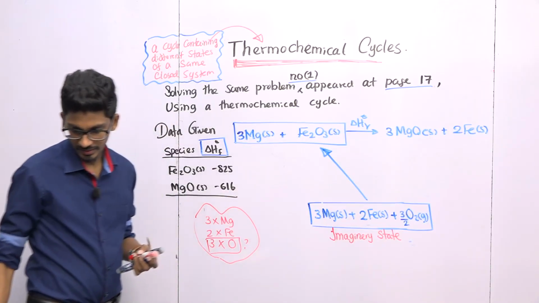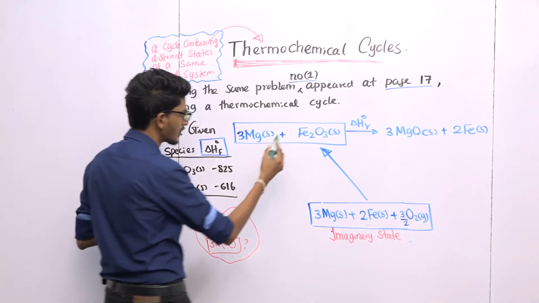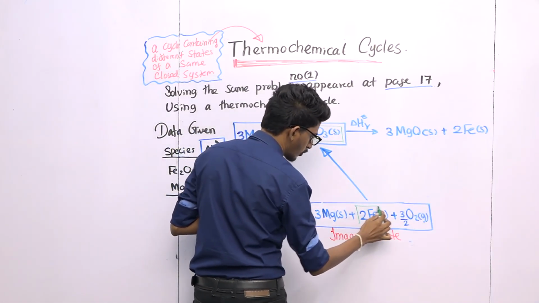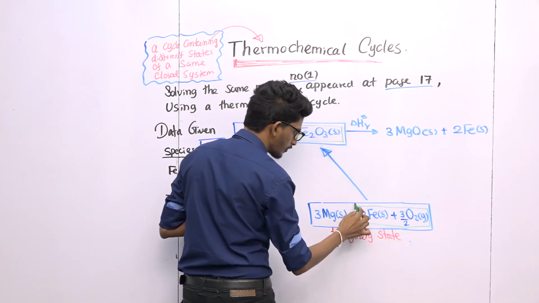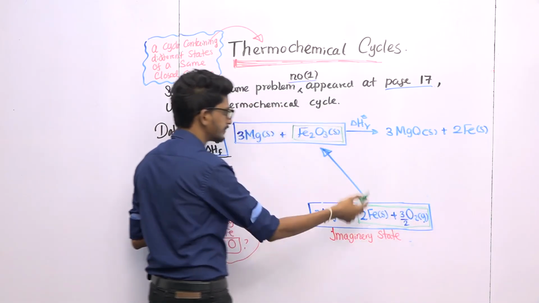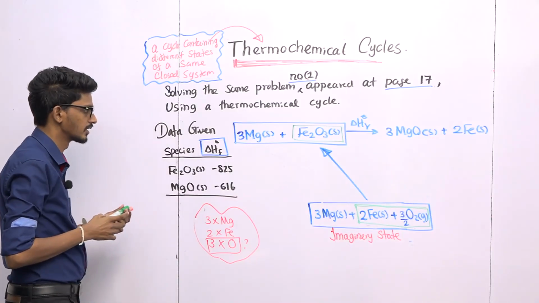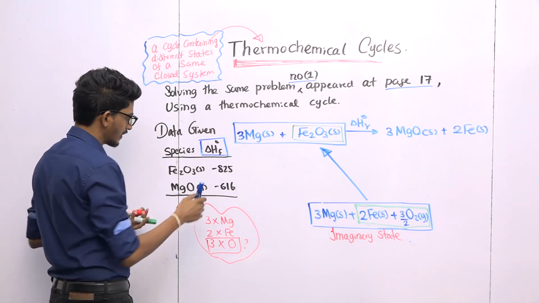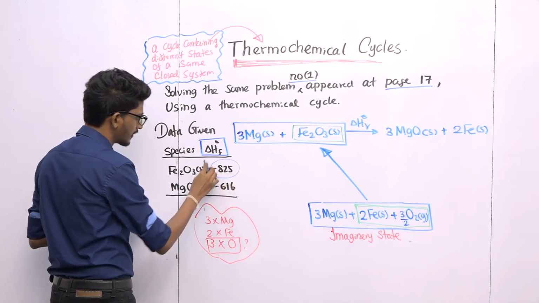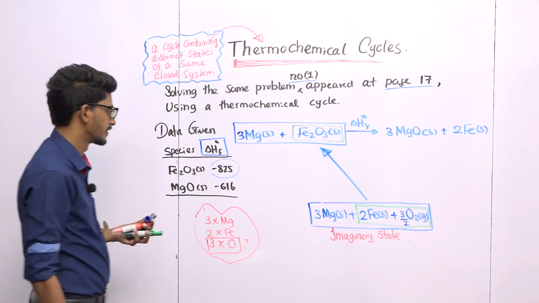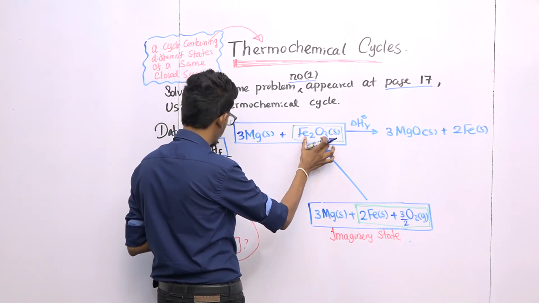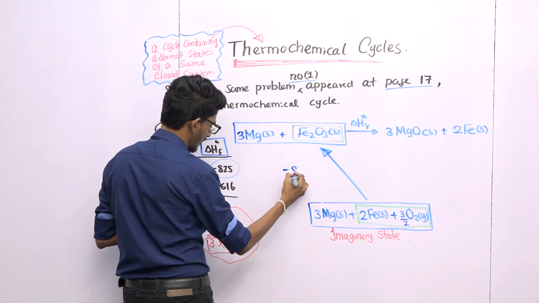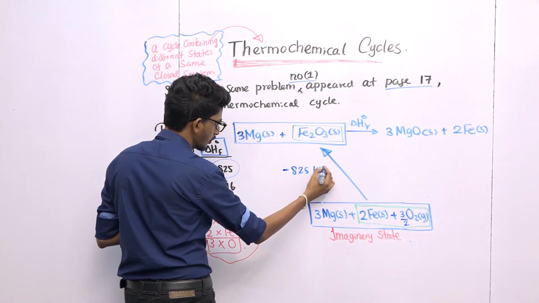Right now, this is the change we are doing. This is all about the formation of 1 mole of Fe2O3 solid, right? So that will carry this amount of energy change. Formation of 1 mole of Fe2O3 solid carries this amount of energy change. So that is minus 825 kilojoules per mole.